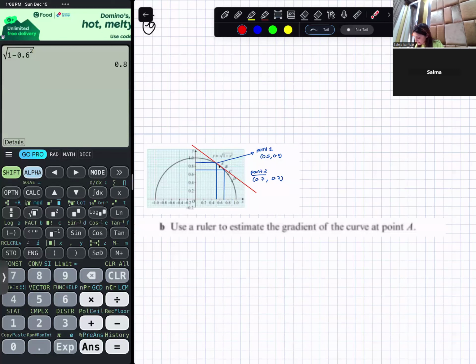The second part says, use a ruler to estimate the gradient of the curve at point A. If I want to estimate the gradient of the curve at point A, you know that the gradient of any curve is the slope of the tangent to the curve at that point.